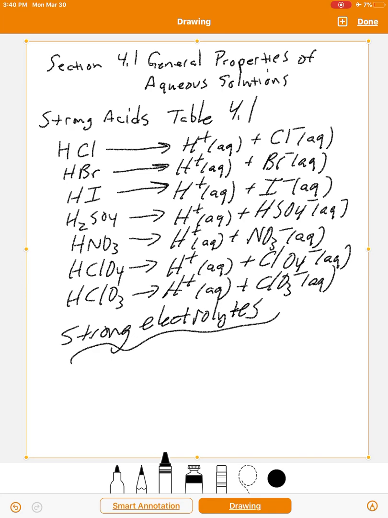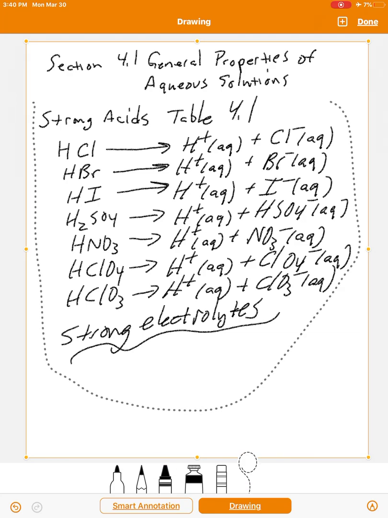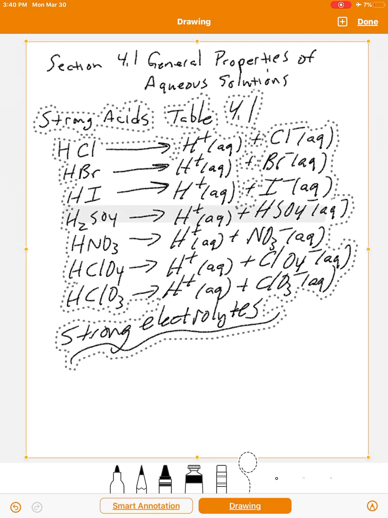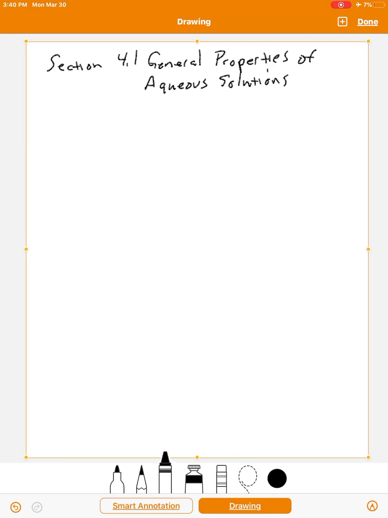But there are also what are called weak acids. So those are the strong acids. Let me show you the weak acids, or at least some of them. An example is HF.